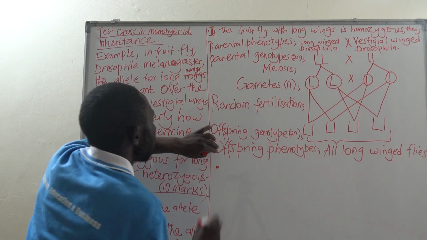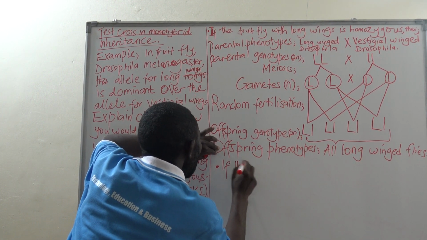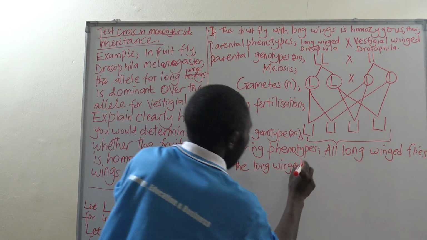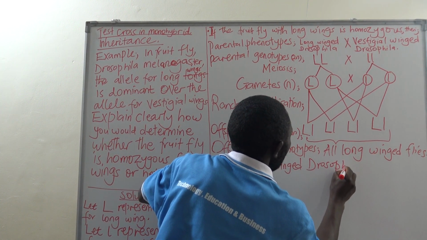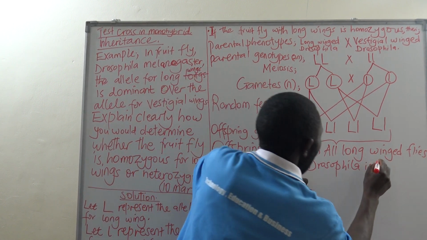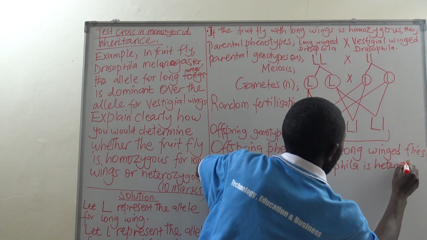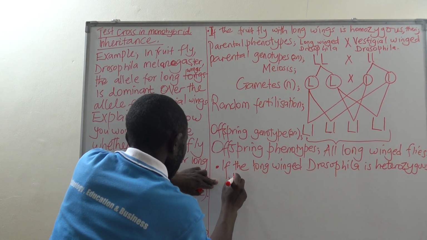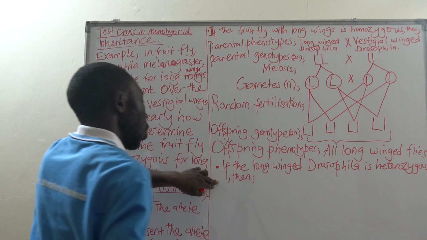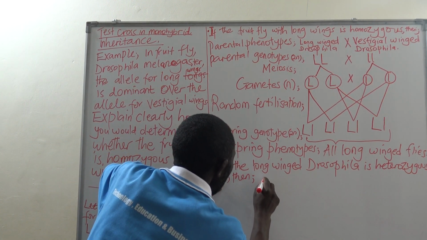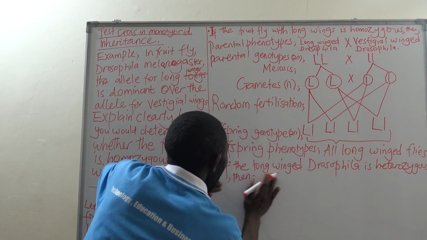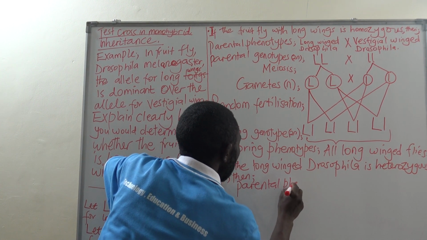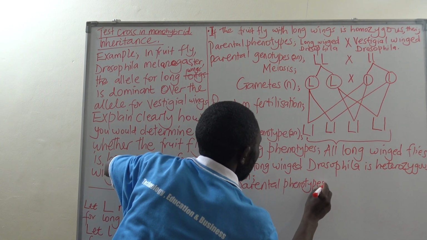Second case here is if the long-winged Drosophila is heterozygous, then we shall have offspring, we shall have parental phenotypes.